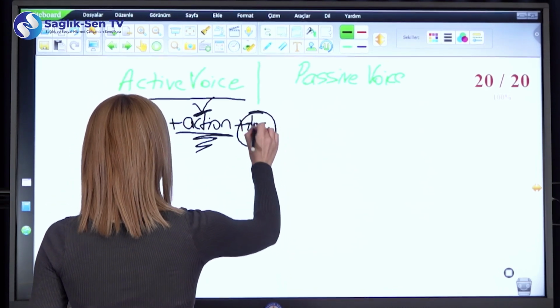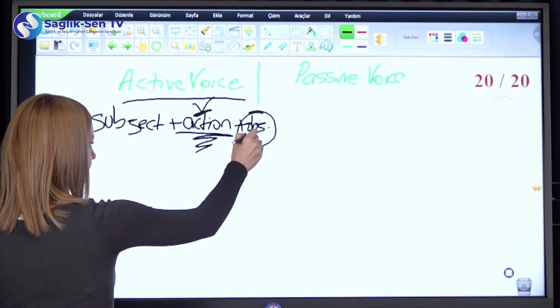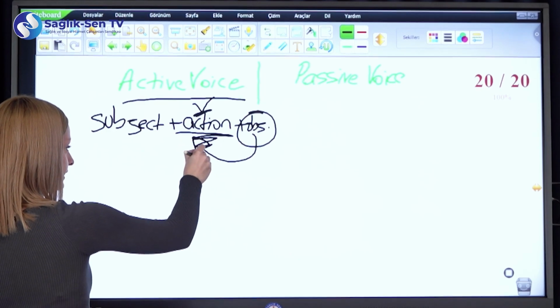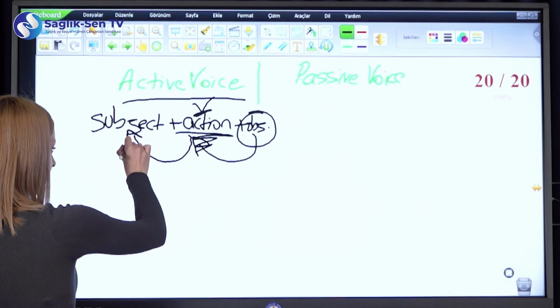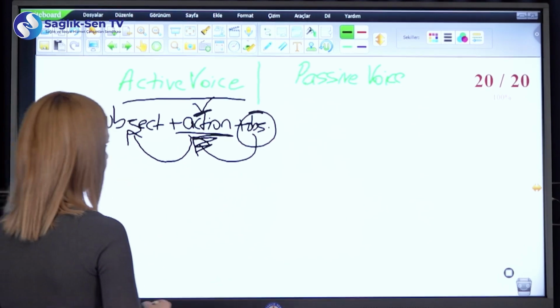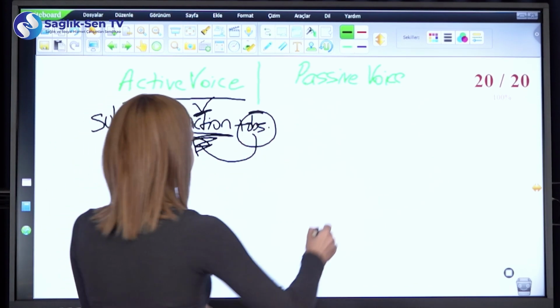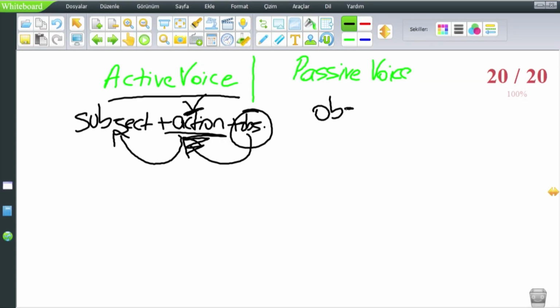An object is influenced by the action that is made or done by the subject. Now, in passive voice, we take our object to the beginning of our sentence, we use our verb and then our subject.